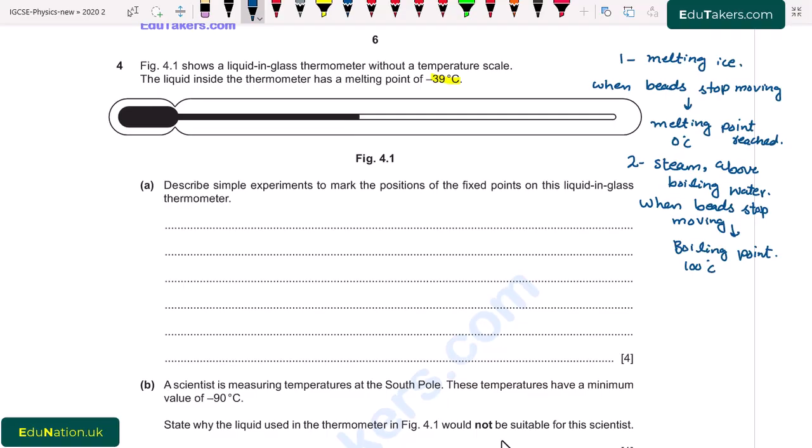So, I am writing here the steps. First, put the thermometer in melting ice.